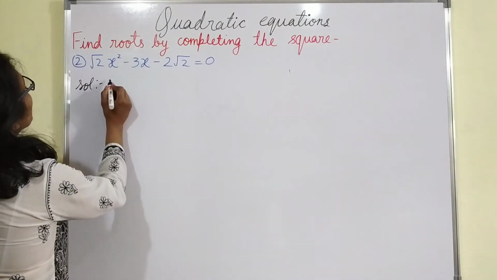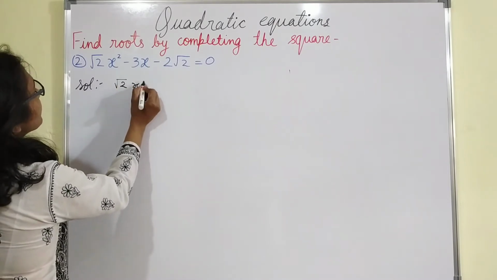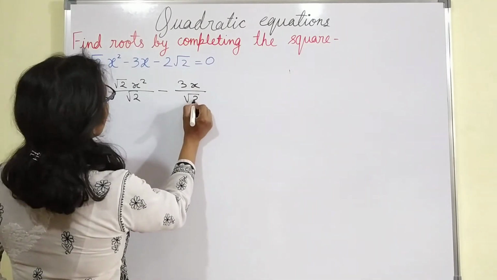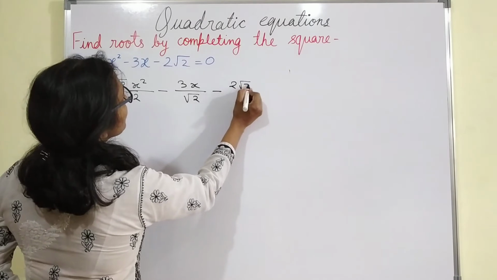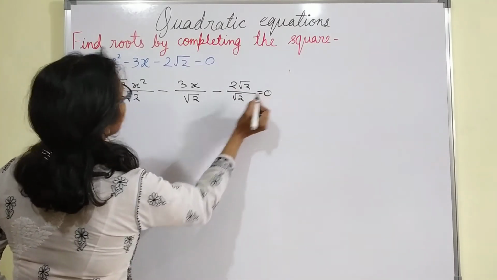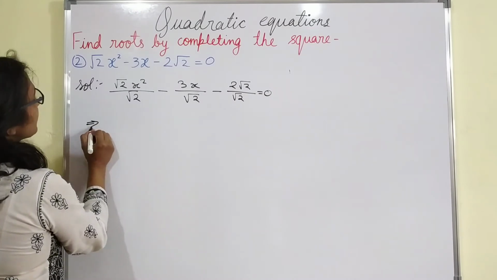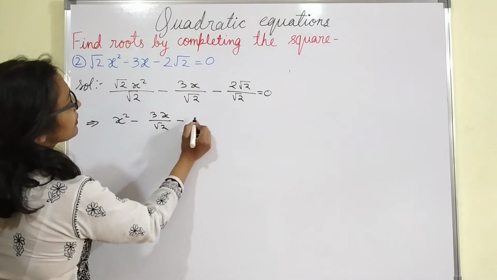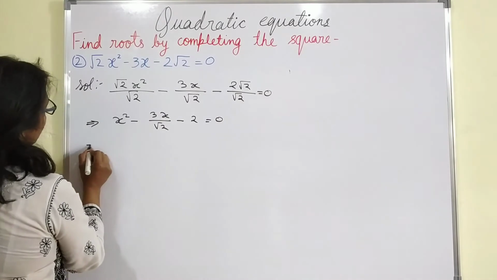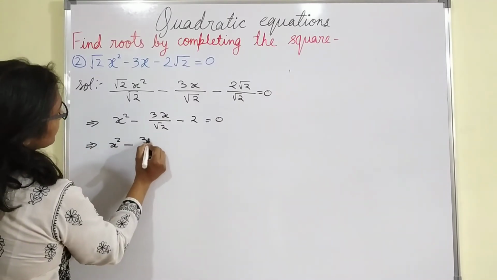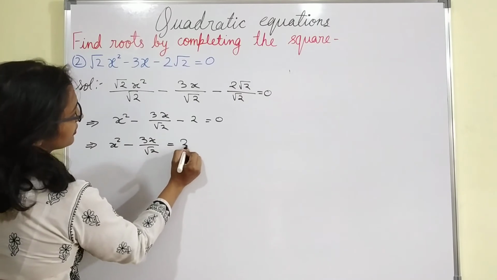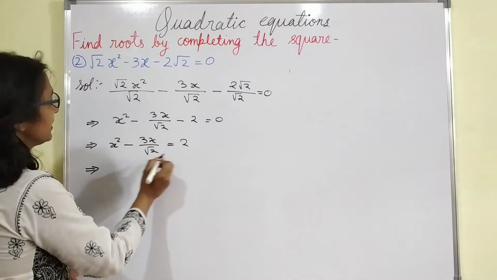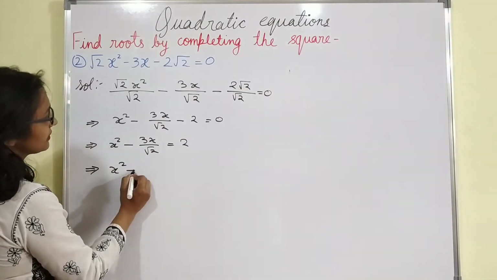So first we will divide the whole equation by the coefficient of x square. Then transpose the constant term.